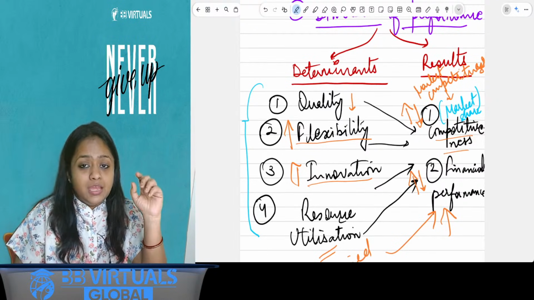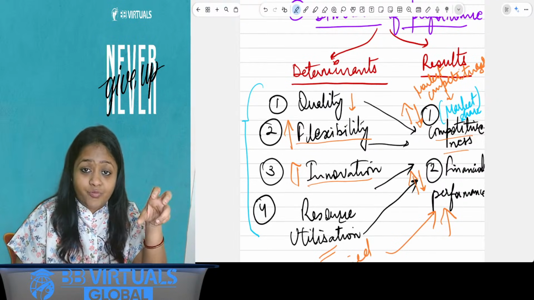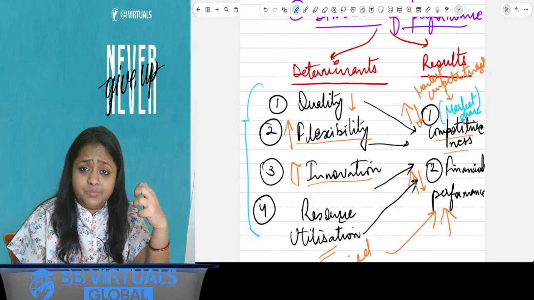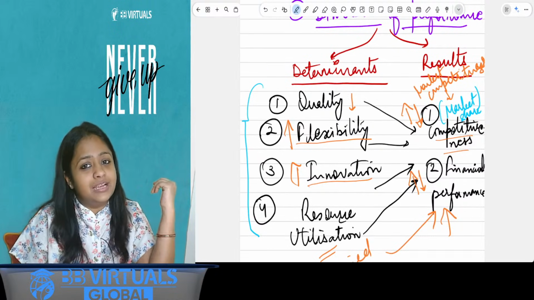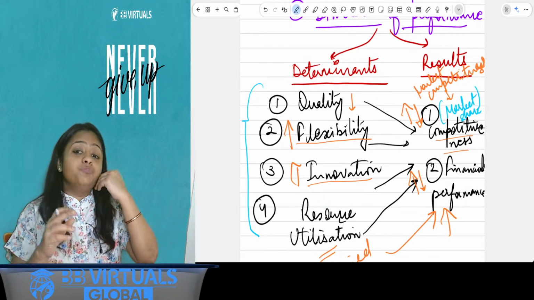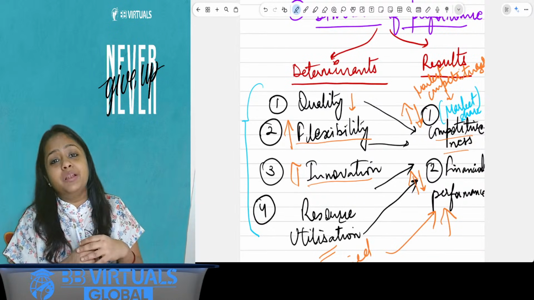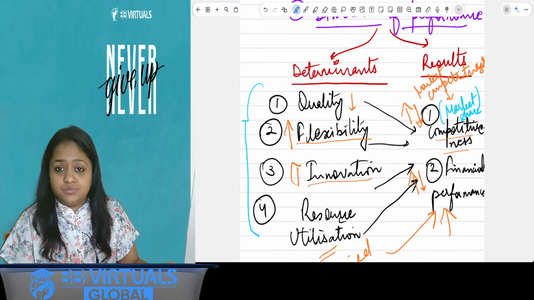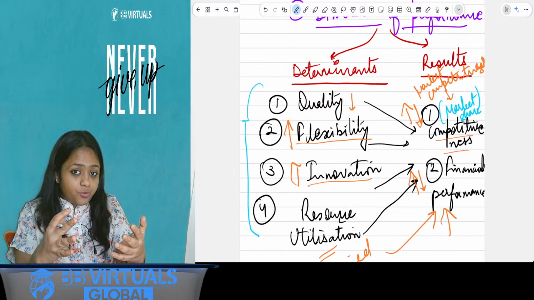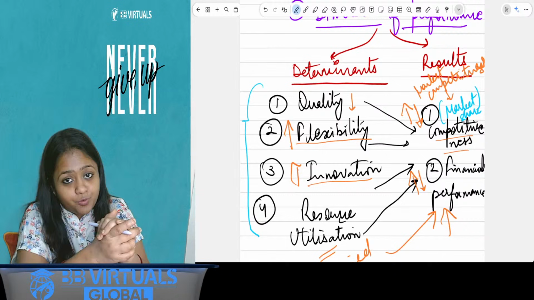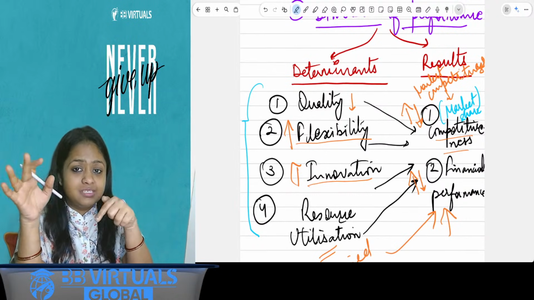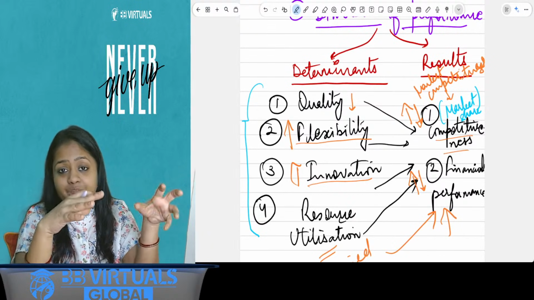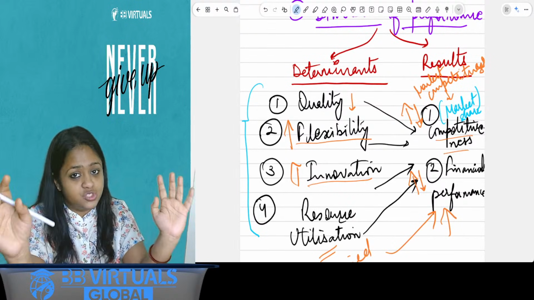If yes, then we check whether this quality and flexibility is having any impact on competitiveness and on the financial performance of the entity. Because if my quality and flexibility improve, of course there will be more customers, so my competitiveness will improve, and my financial performance will also improve. So determinants determine the results, and the results tell us whether the effect of the determinants actually improved performance or not.